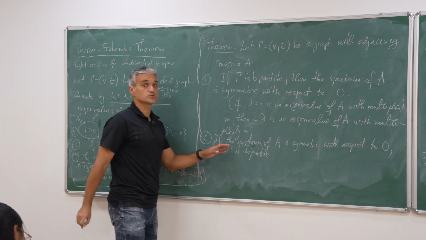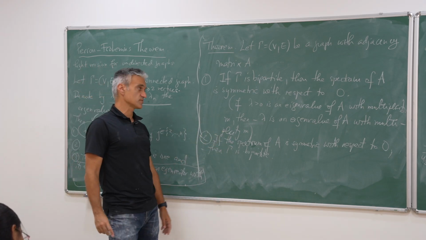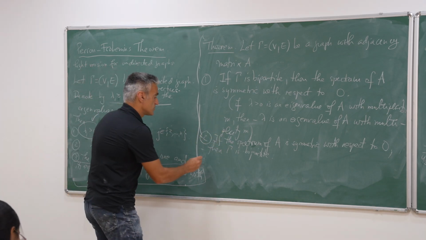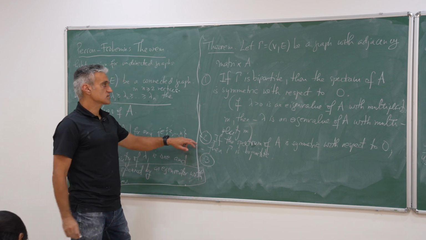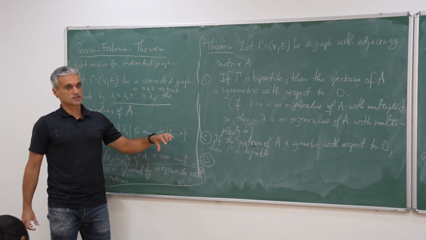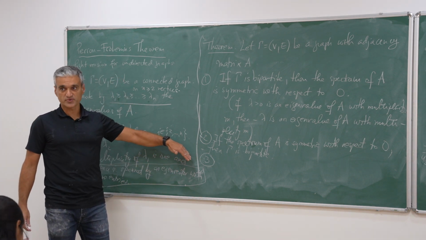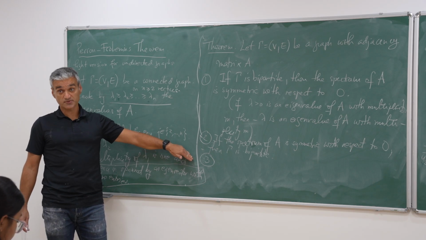I assume everybody knows what bipartite is, but I'll give the definition in a second. Now, the second is actually the stronger result of a converse, but it only applies if the graph is connected.